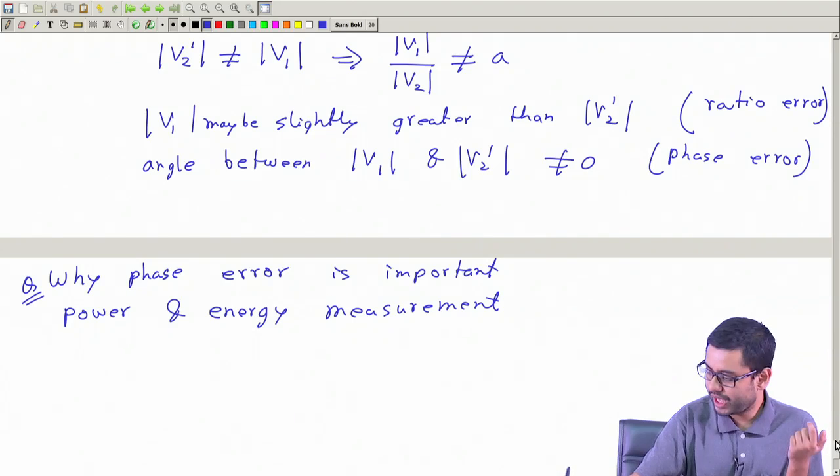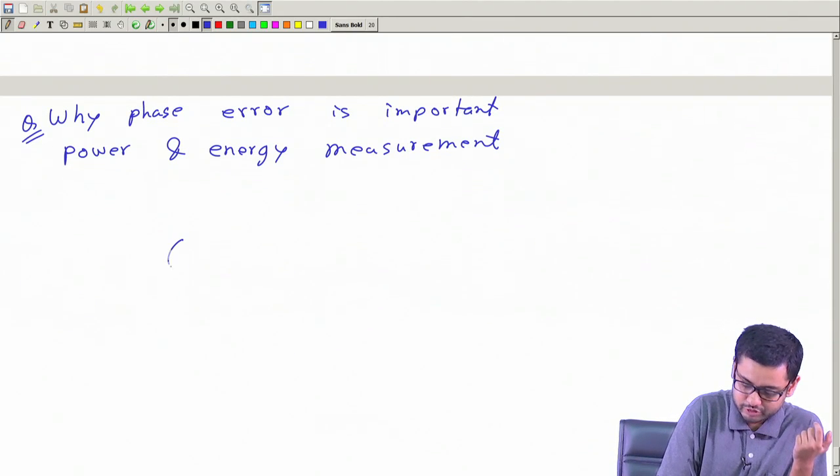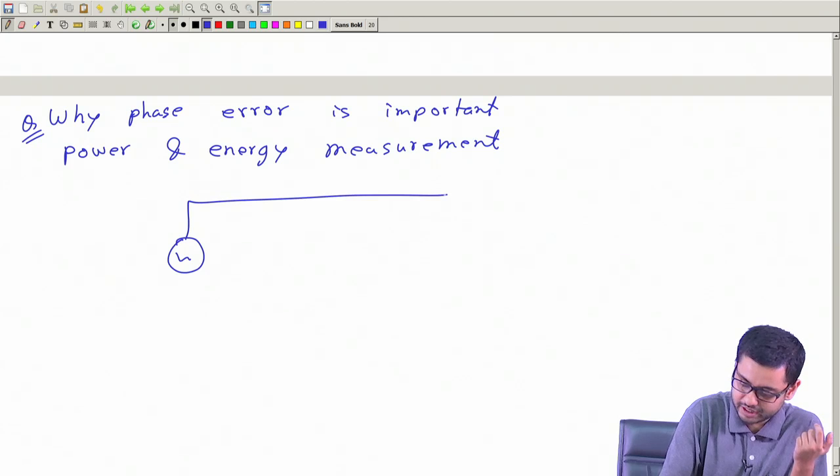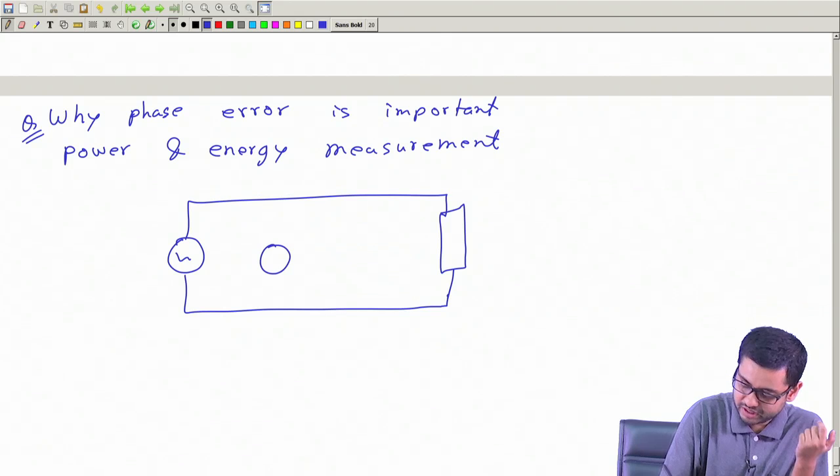Once again, let me draw this: we have a source and a load, and we want to measure the power. So we have a wattmeter with two coils, a current coil and a pressure coil.